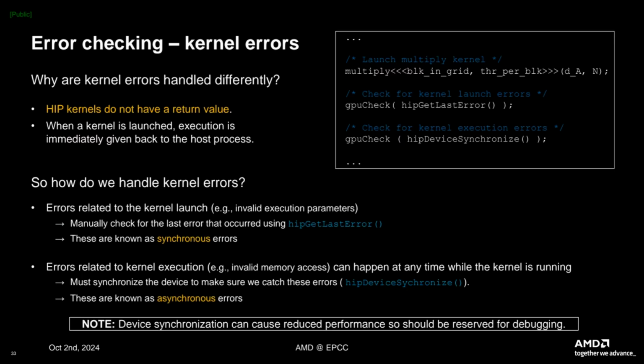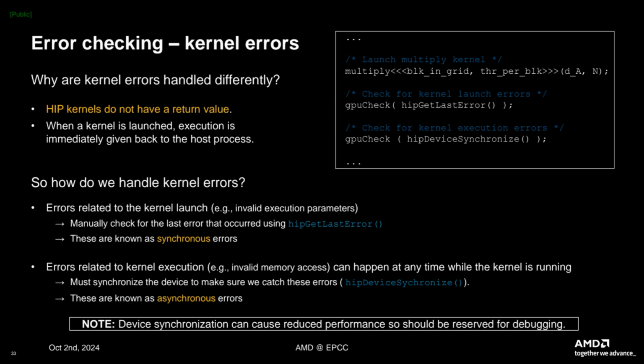Okay, so for what concerns checking kernels, as they don't have a return value, as we said, we have to be a little more careful and also think about what type of different errors we can incur on. For instance, we can differentiate between synchronous errors and asynchronous errors.